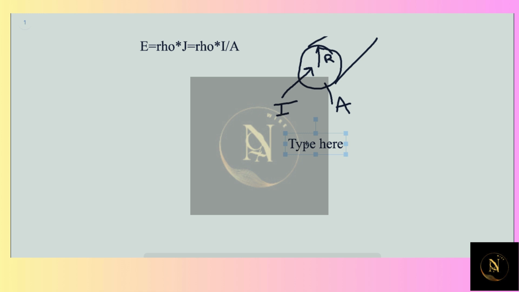So the cross-sectional area is a circle, so it's just pi r squared. And we're given the diameter, so we need to halve it to get the radius.